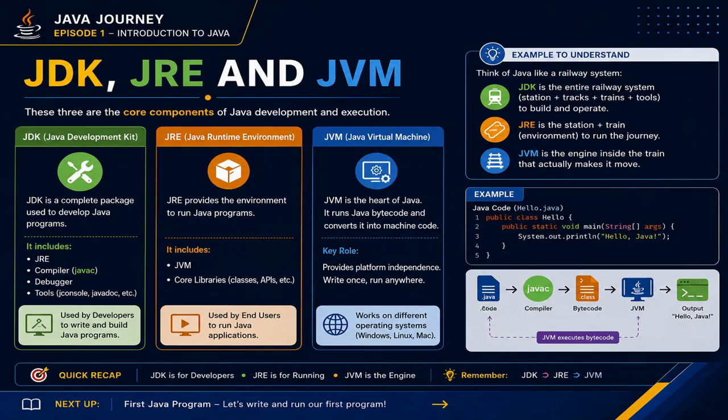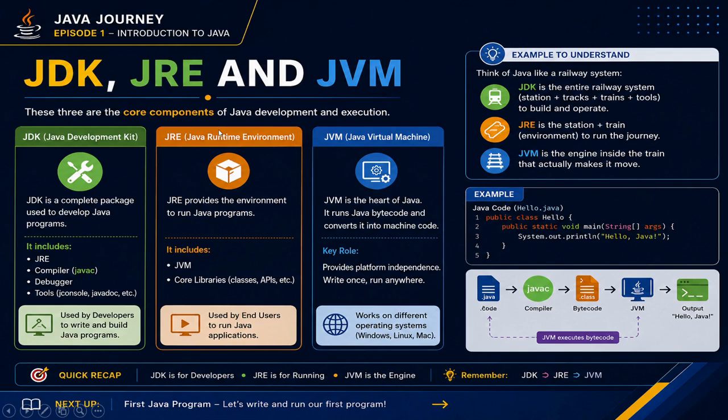Now, let's clearly understand JDK, JRE, and JVM. Many beginners memorize these terms without actually understanding them. So let's simplify it. JDK stands for Java Development Kit. It contains tools needed for Java development like the compiler, that is javac, then libraries and debugging tools.